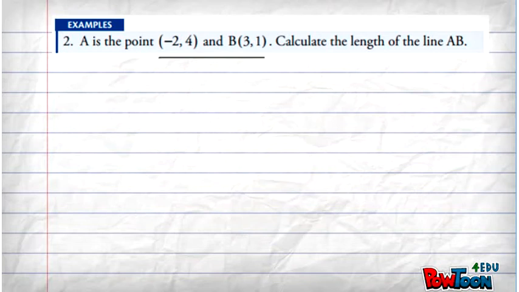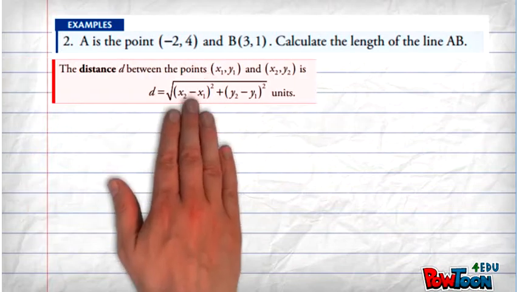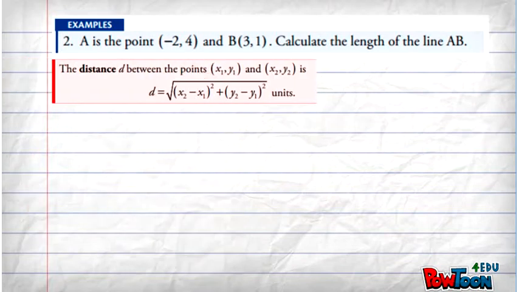So again, here's an example. Stop the playback and have a go at this one now, just to make sure you've understood that. Okay, there's the distance formula that you should have used.